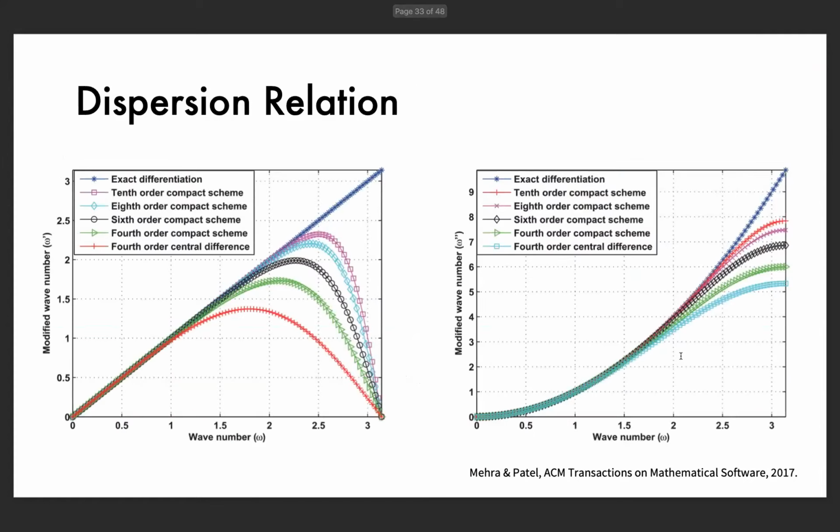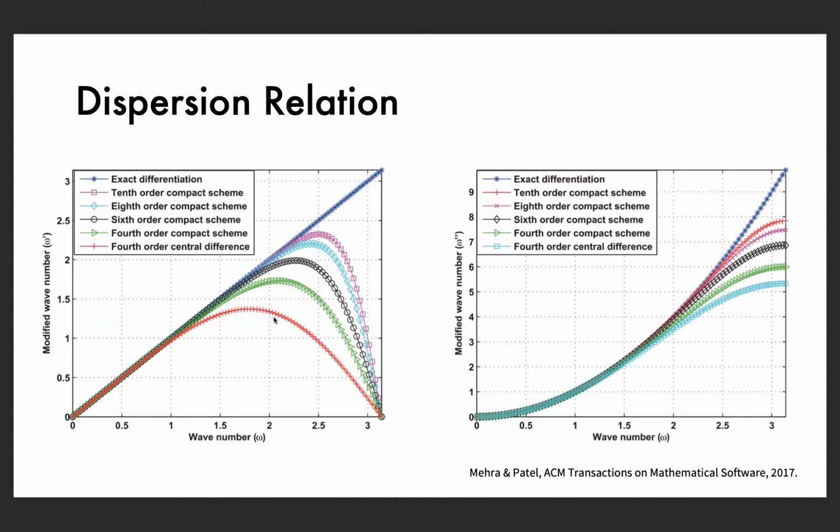The nice thing about these compact stencils is that if I do an analysis in phase space, I can show that they capture higher frequency modes of a solution much better than the explicit scheme shown here in red.